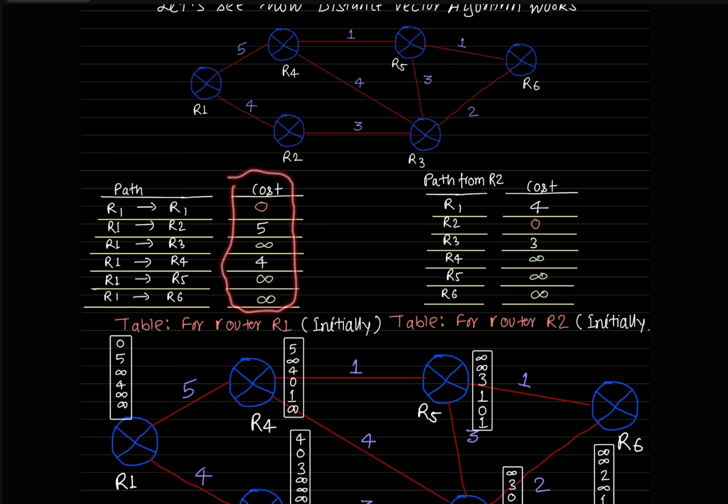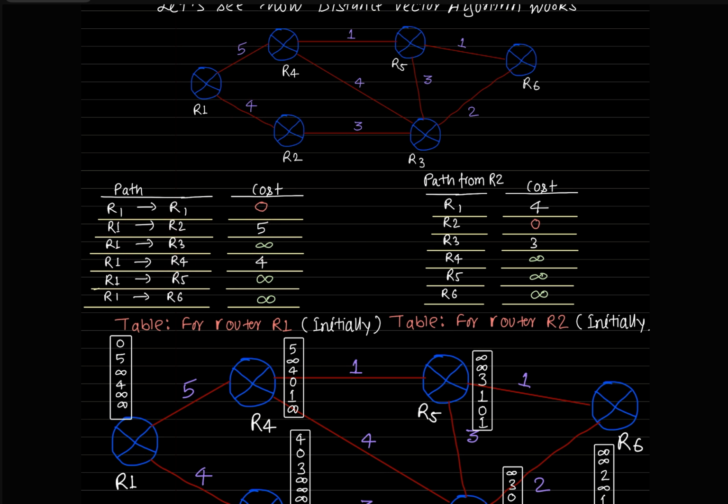What it means is, in the beginning, from R1 to R4 there is a direct connection, and from R1 to R2 there is a direct connection, and the costs are 5 and 4. Similarly, in the initial vector we write for R1 to R4 the value 4, and for R1 to R2 the value 5, like this.